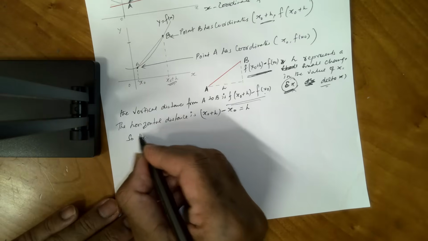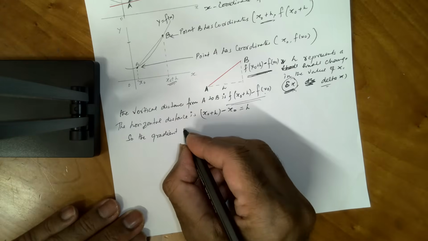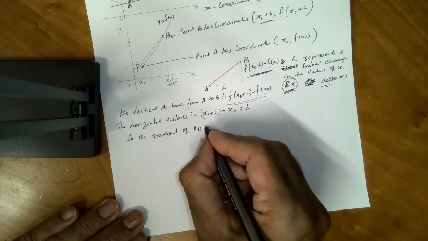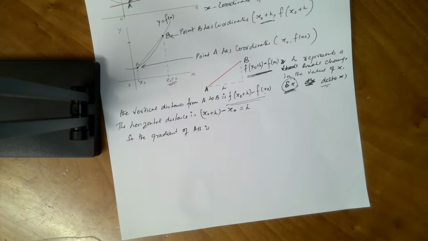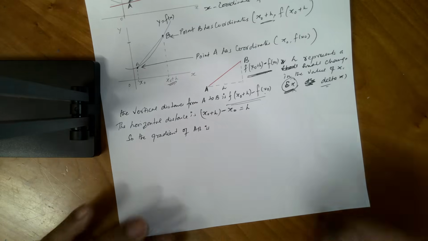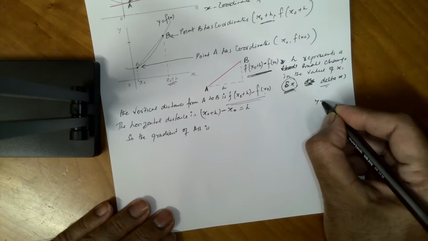So the gradient of AB is, remember I discussed this previously, that when we talk about the gradient with two points, it is y2 minus y1 divided by x2 minus x1. So you remember that one.